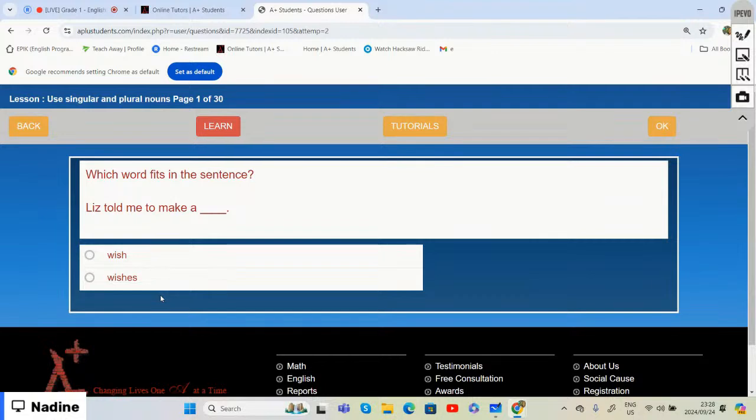Option one, wish, or option two, wishes. Which one is correct?